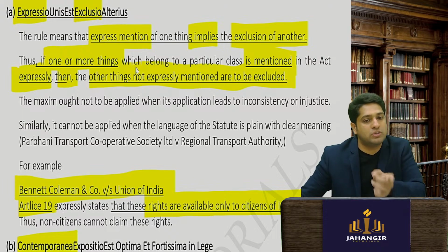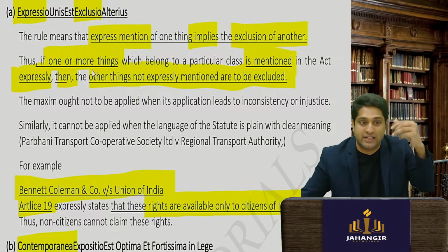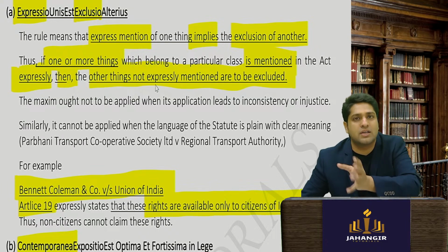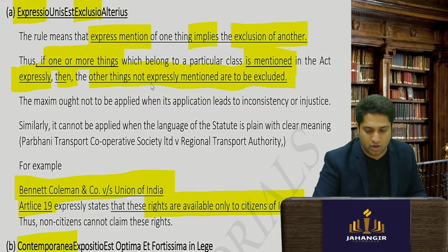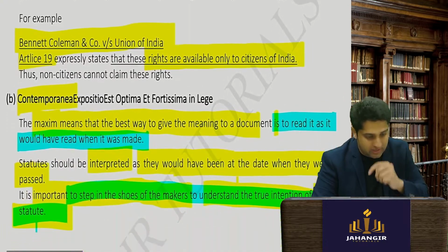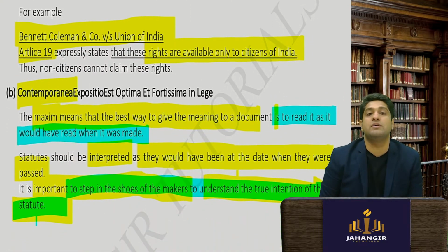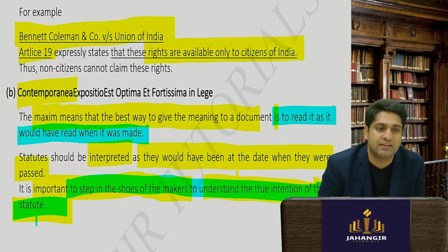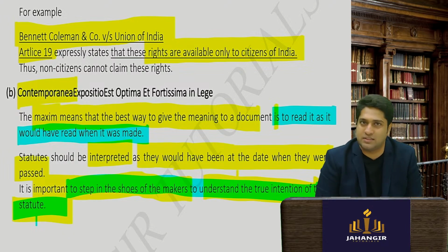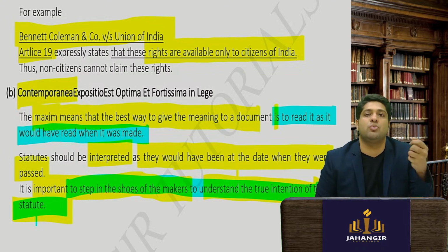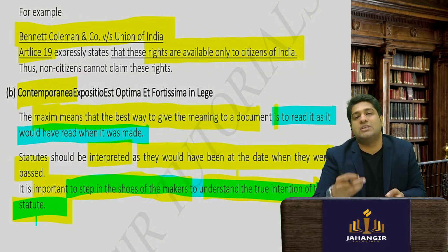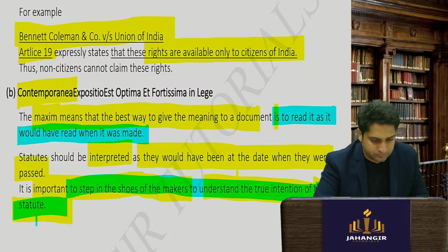If one or more things are mentioned expressly and clearly, then certain other things are obviously not included. For example, in Bennett Coleman versus Union of India, Article 19 is available only to citizens. That means non-citizens cannot claim this right.